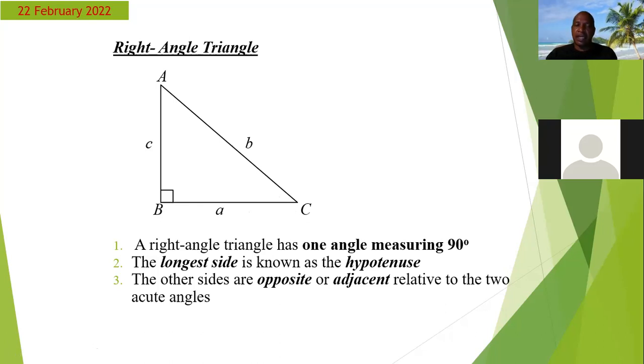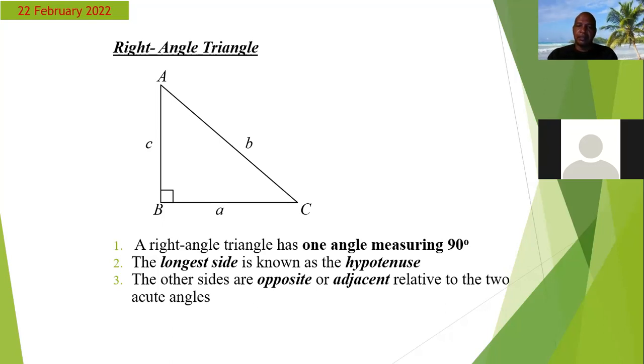Matter of fact, once you start studying triangles, we really start studying trigonometry, because trigonometry is a word that relates to triangle. All right, so any question about what I've just explained about opposite and adjacent?